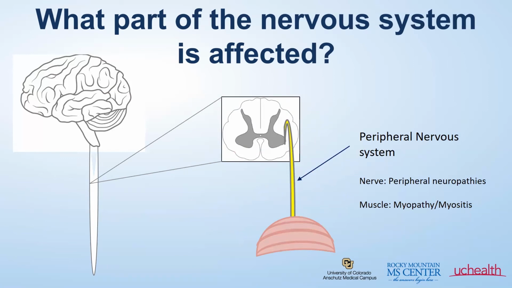The nerve roots and nerves exiting the spinal cord, as well as the communication between the nerve and the muscle, and the muscle itself, are all defined as the peripheral nervous system. So when you have nerves involved, you can get peripheral neuropathies. When you have muscle involved, you can get inflammation of that muscle called myositis.